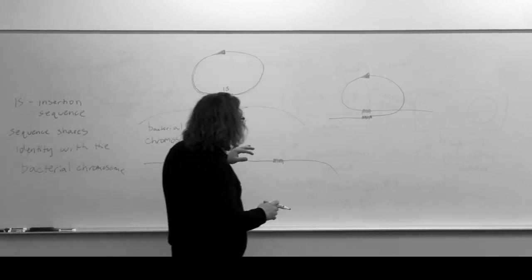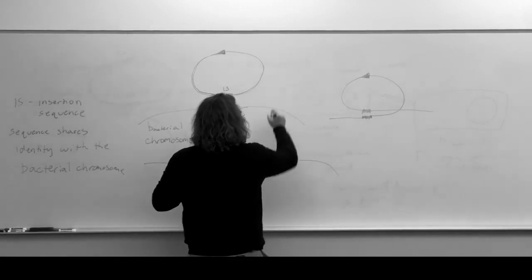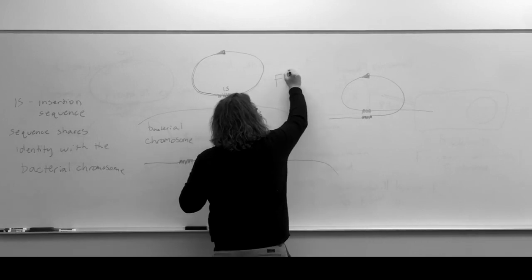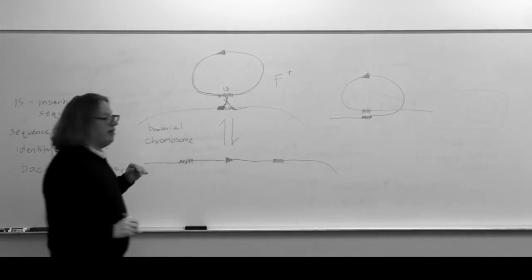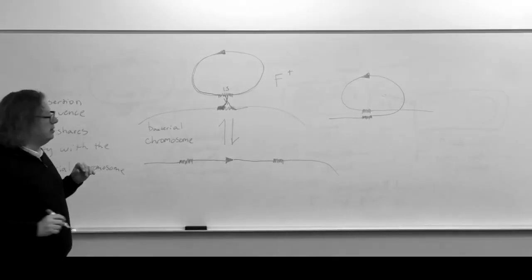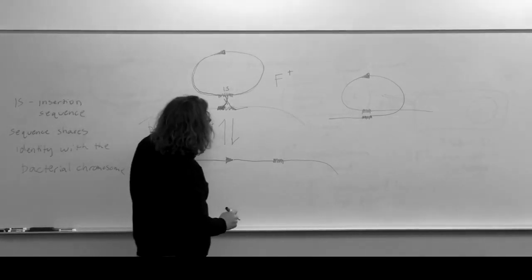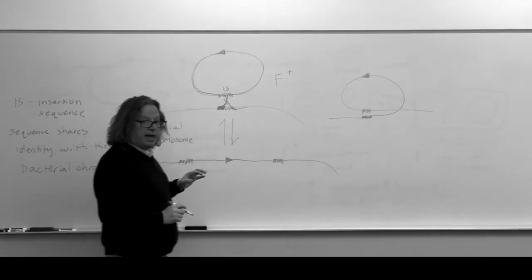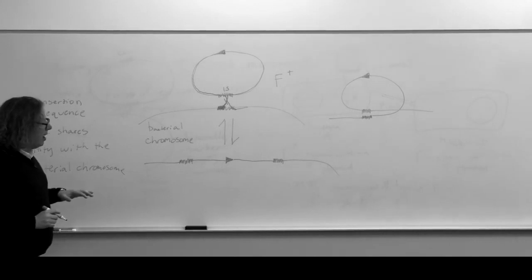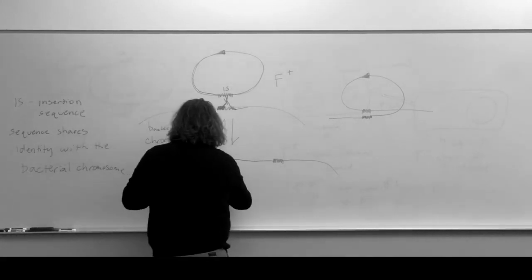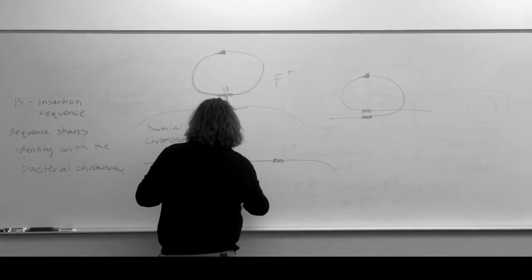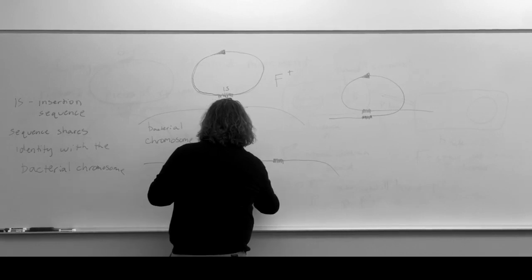So these two states, as I mentioned before, this is referred to as an F plus state. So a state where you have a bacterial chromosome and you have an F plasmid. And here at the bottom, we have what's called an HFR state.